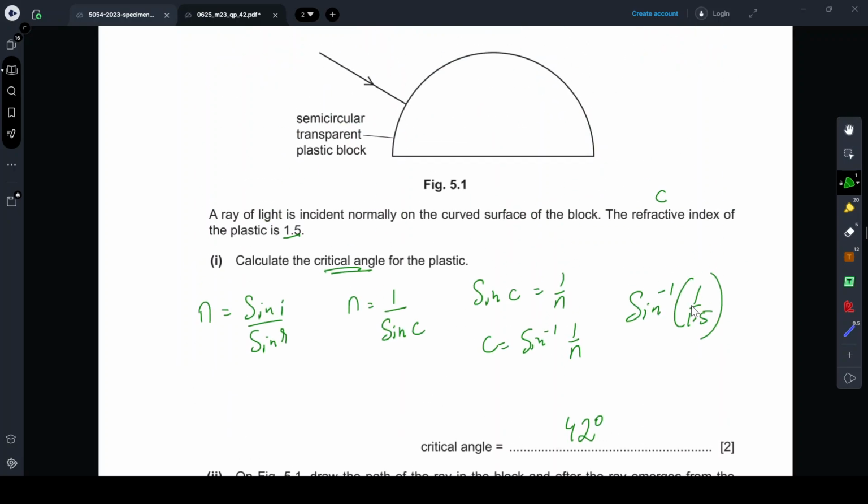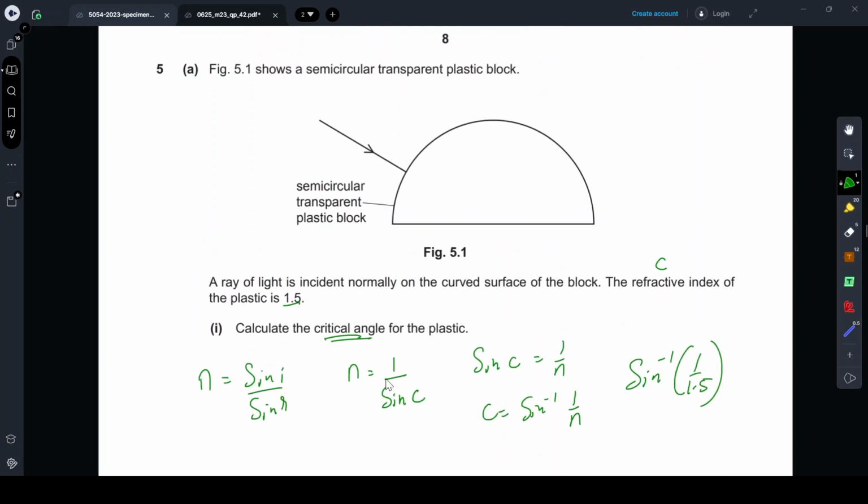Now again, looking at the ray of light is incident normally. What does normally mean over here? It means that it is perpendicular to the surface at this point, right? The normal is a line that is perpendicular to the reflecting or refracting surface.